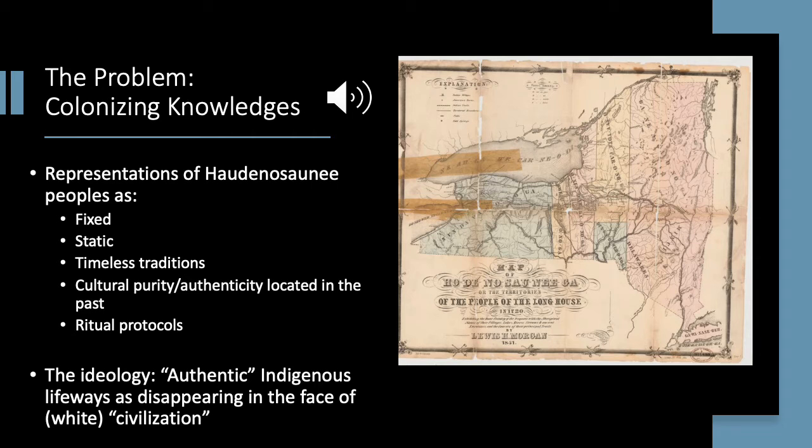Now, there's many problems with this. First of all, when I say the concept of cultural purity, that should sound a little Nazi-ish to you. It is a little Nazi-ish. Actually, both Nazis and early anthropologists were drawing on the same underlying philosophers. Herder, who was a German philosopher who imagined not culture, but national culture. Now, back when Herder was writing that, it didn't have the exact same Nazi overtones that it later had.